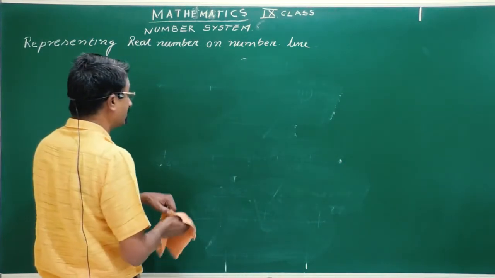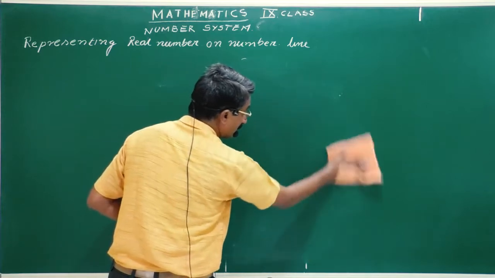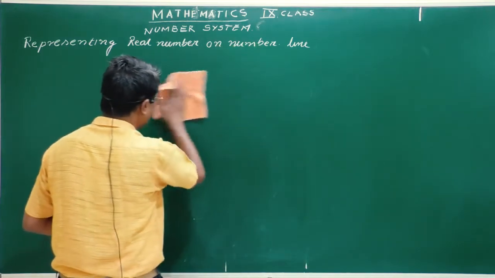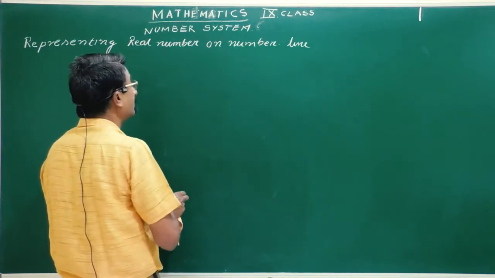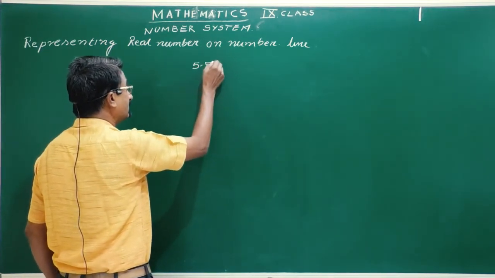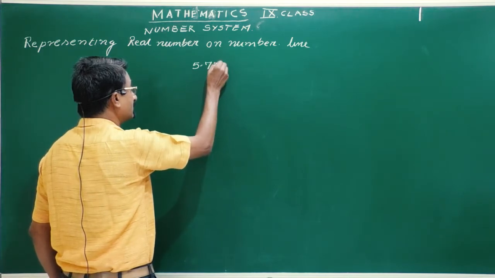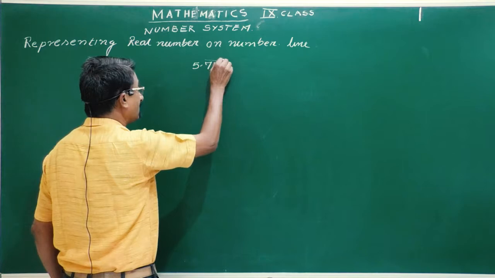Yesterday in the last video lecture we went through repetitive, non-repetitive, terminating and non-terminating. Terminating means whose remainder is 0. Now I am taking one example, that is 5.77, means 5.7 bar.